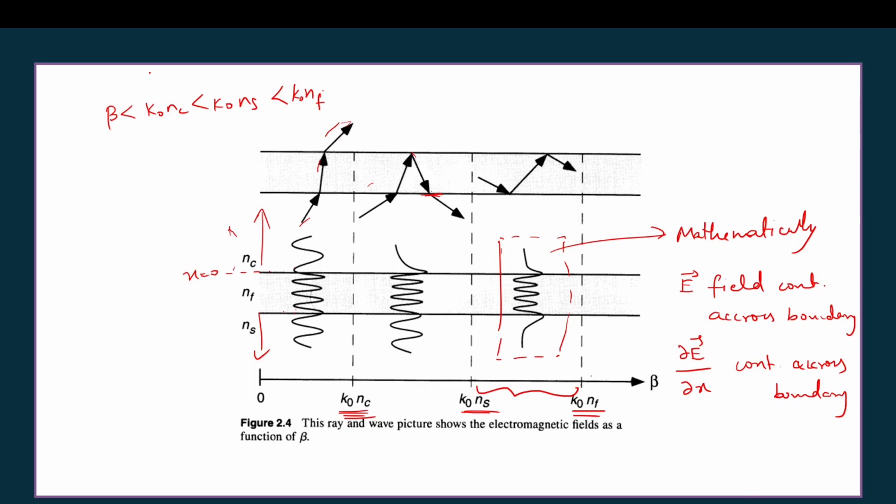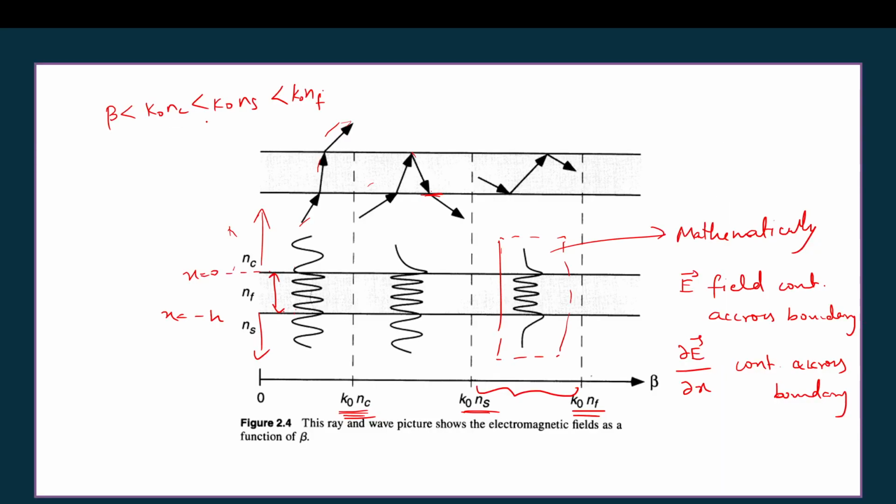For the region between x equal to 0 and x equal to minus h, where this height is h, I will have an oscillating solution given by this equation. The b and c we have not determined yet, we are just keeping a, b, c, d as constants and writing the form of the equation.